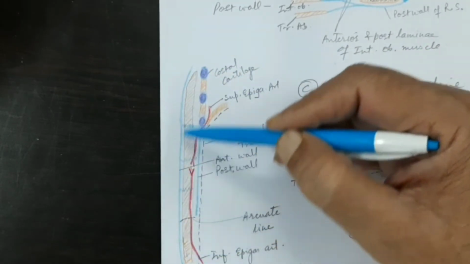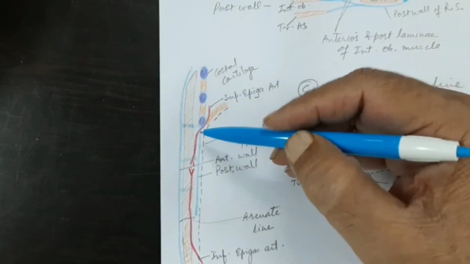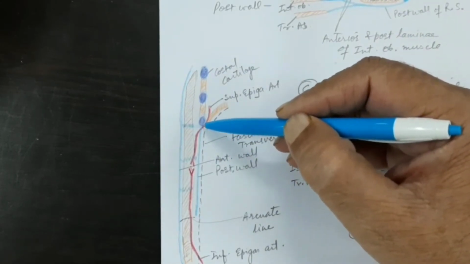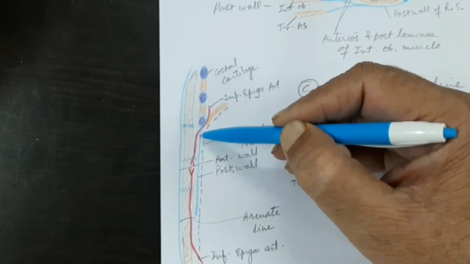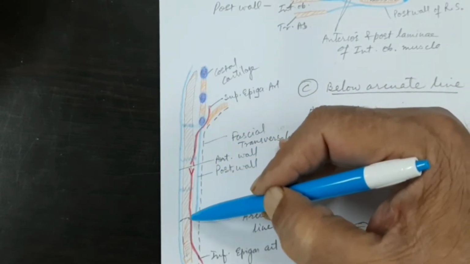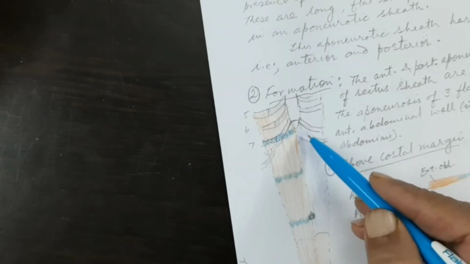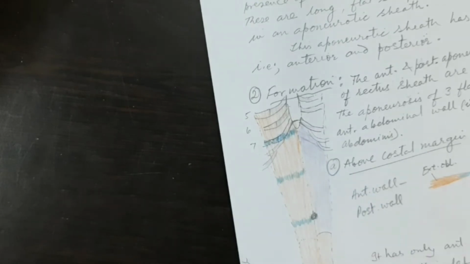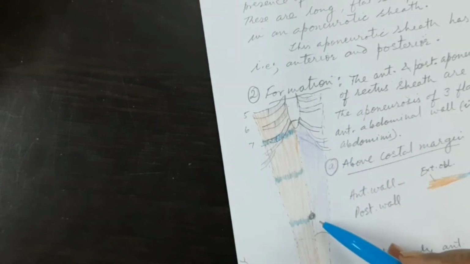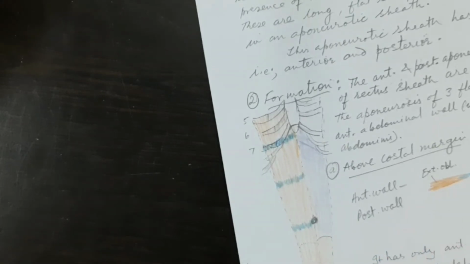This whole thing is covered by the anterior wall, while the posterior wall will begin below the margin of the 7th costal cartilage and extend only up to the arcuate line. This is the arcuate line, and this is the posterior wall of the rectus sheath, because we have taken out the rectus muscle and only the posterior wall of the sheath is seen, extending up to the arcuate line.